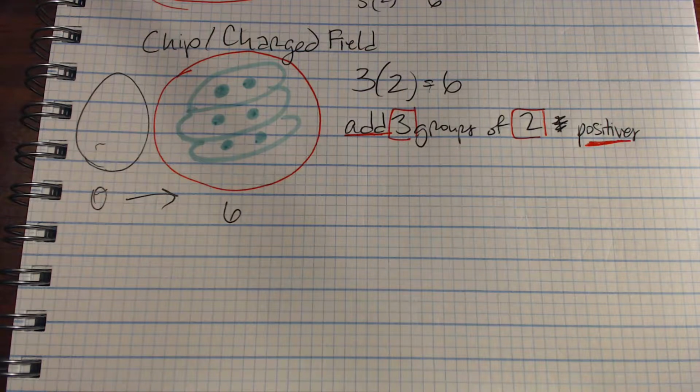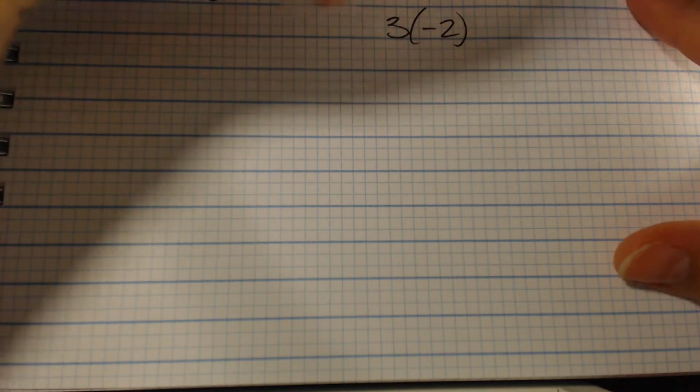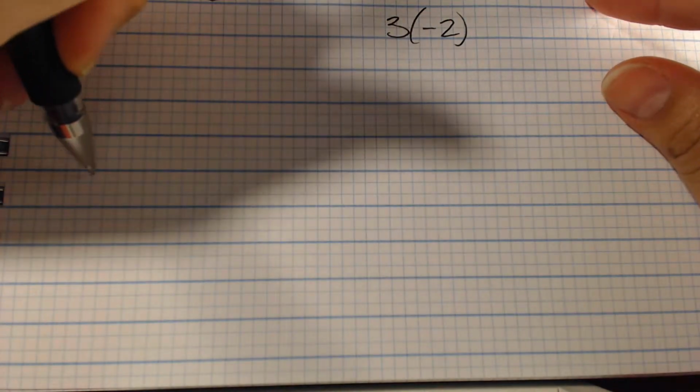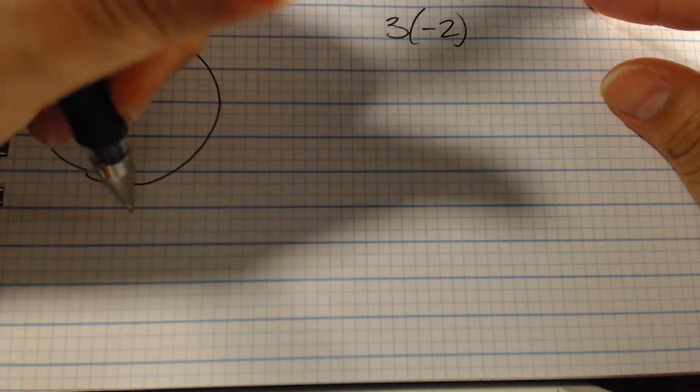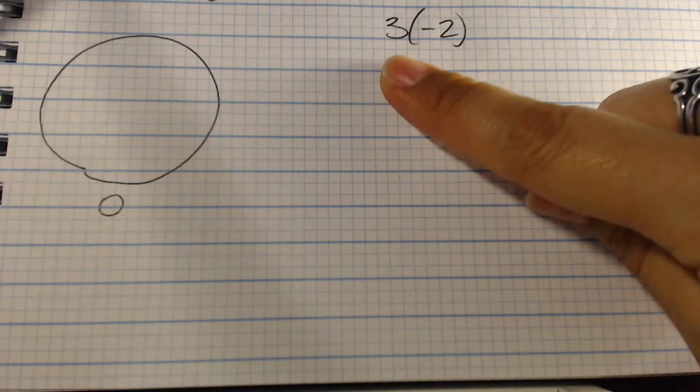So the next thing I want to do is make my second digit a negative. So let's just go with 3 times negative 2. Simple numbers, basically the same thing. And so again, we want to start with our empty field of 0. I'm going to follow the directions that I have here.